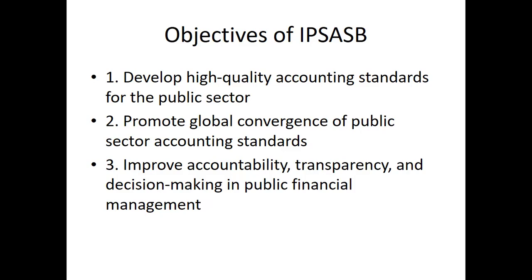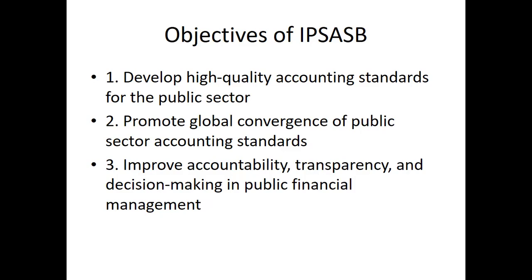Because across the world, the accounting standards are not the same. Each country has their own standard, but now there is also the global standard that should be applicable to all the public sectors in the world.